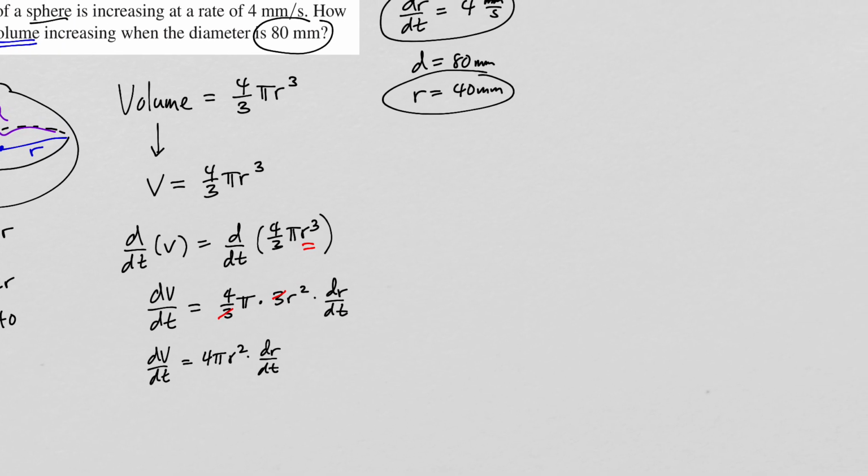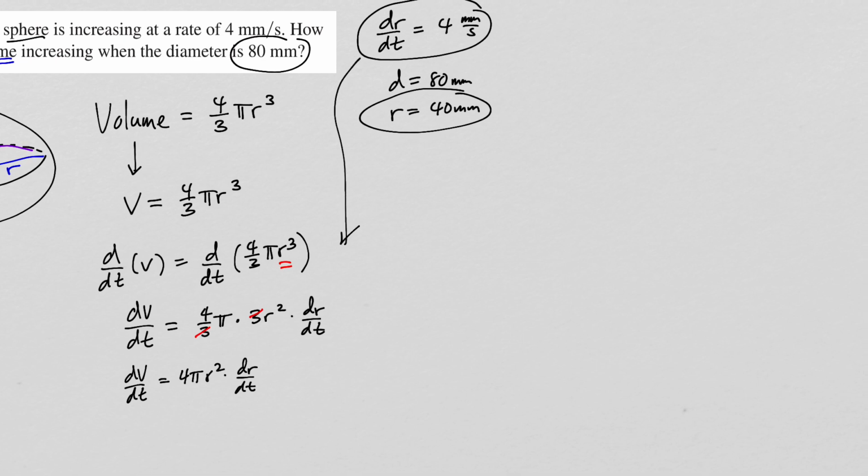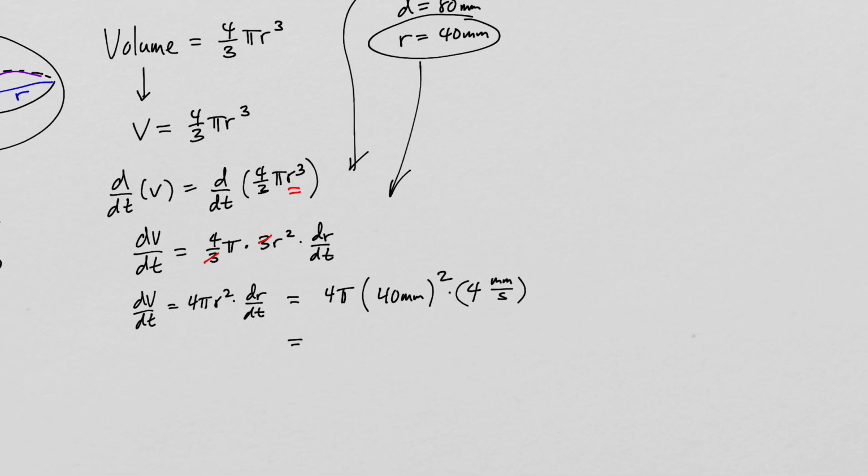And then, of course, the last step is we just need to take these values and plug them into that equation. So we have 4 pi times r, which is 40 millimeters, squared, times dr/dt, which is 4 millimeters per second. Now we just need to complete this. We have 4 pi, 40 squared is 1600, and we're going to have millimeters squared, and then times 4 millimeters per second.